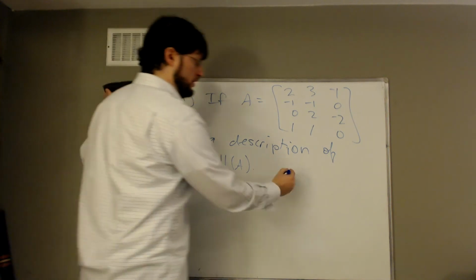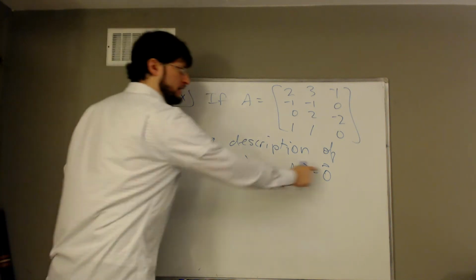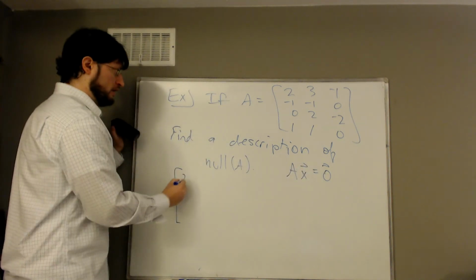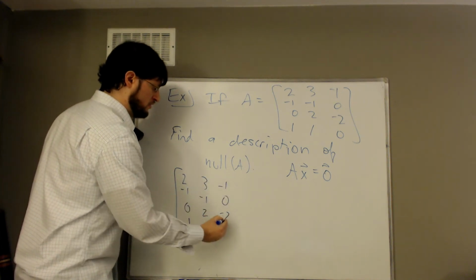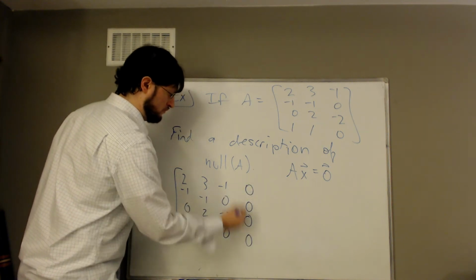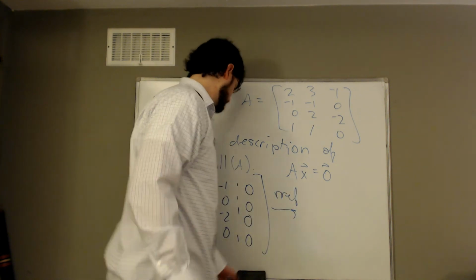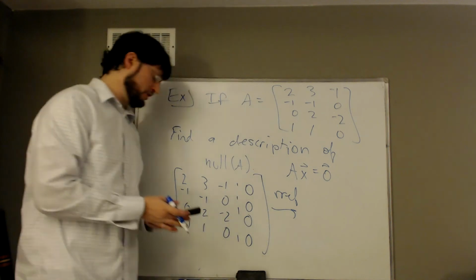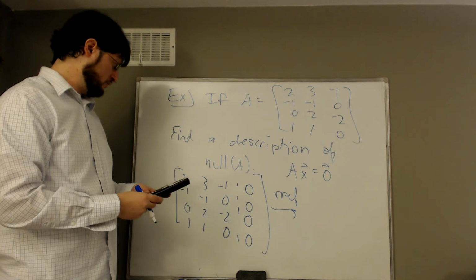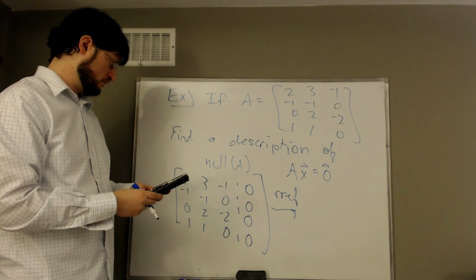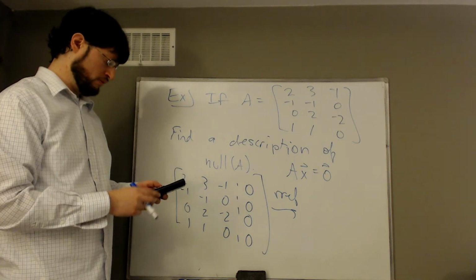Remember, what we're looking for is Ax equals 0. That's what null A means. So we're looking for a row reduction. I'm just going to row reduce this matrix and see what we get.